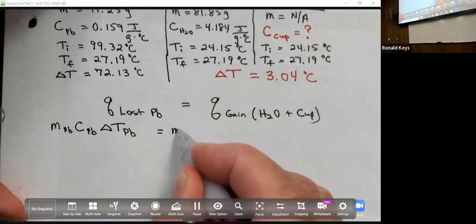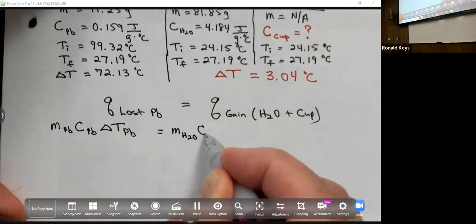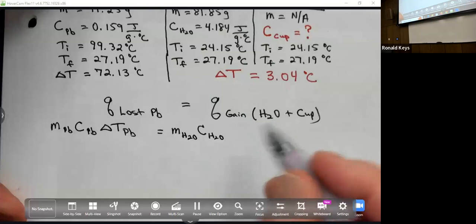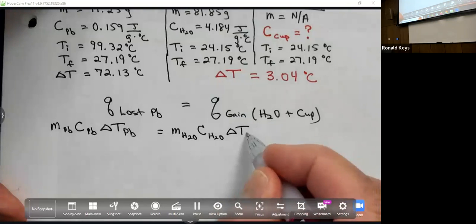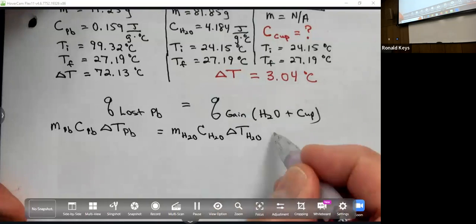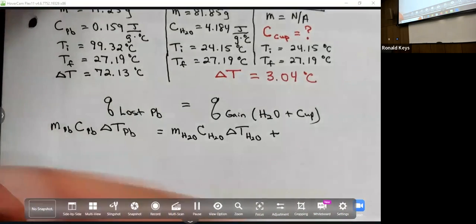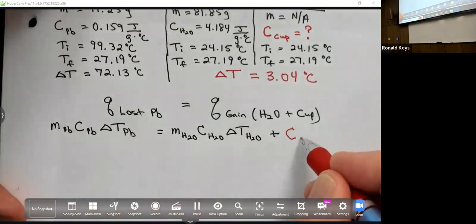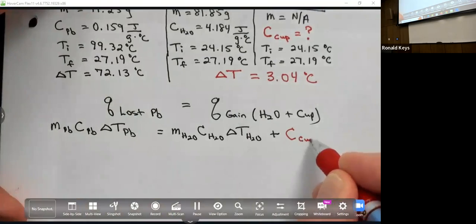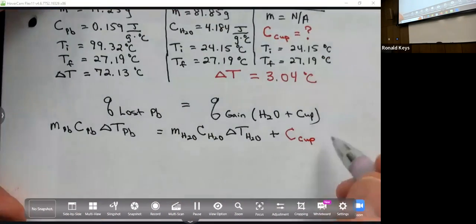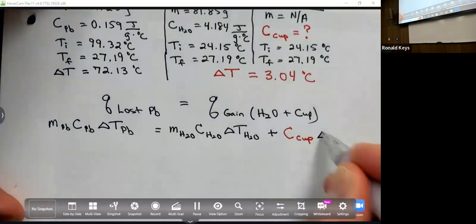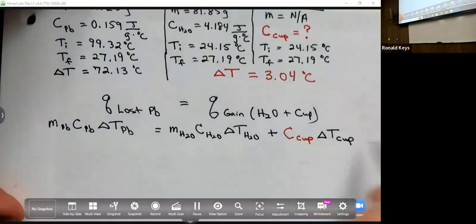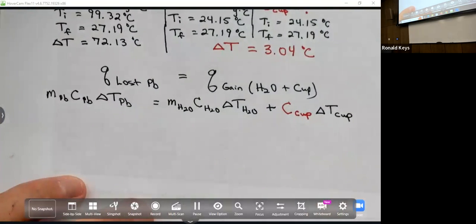Equals mass of the water, specific heat of the water, change in temperature of the water, plus calorimeter cup constant times the change in temperature of the cup. These two are the same. We know what these are.